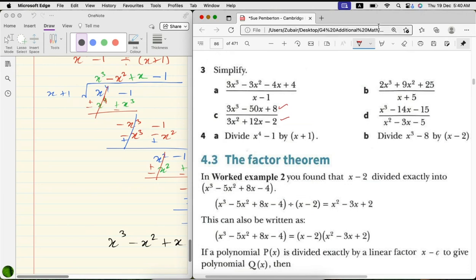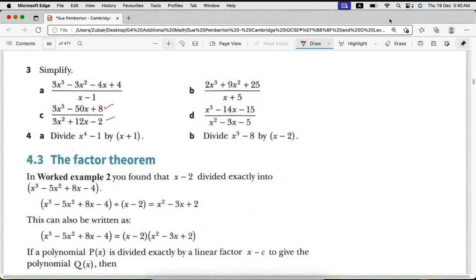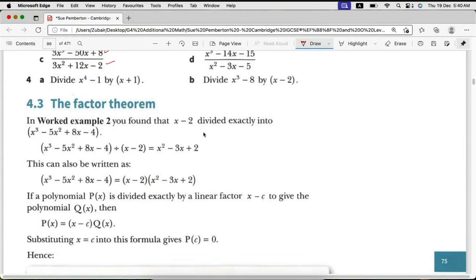Okay, factor theorem. Now we just know how to divide it. When we exactly divide something, that is a factor, and if it is not a factor, we will be left with some sort of remainder. For example, I'm dividing 10 with 2 and I get 5.